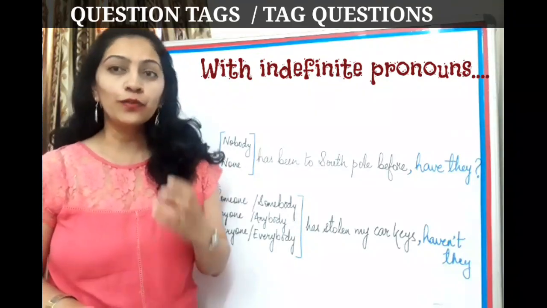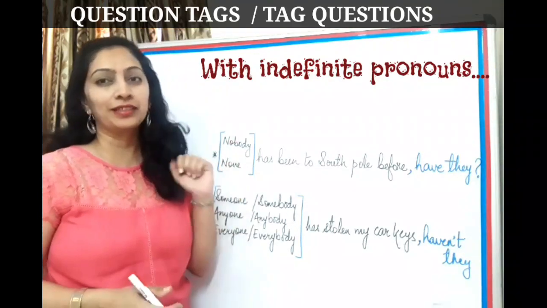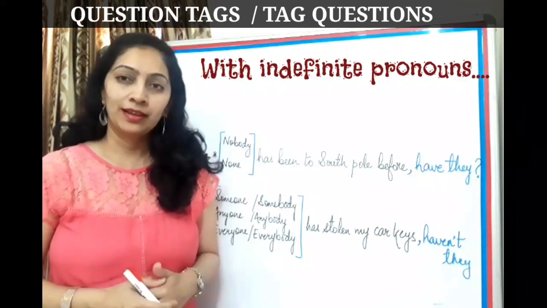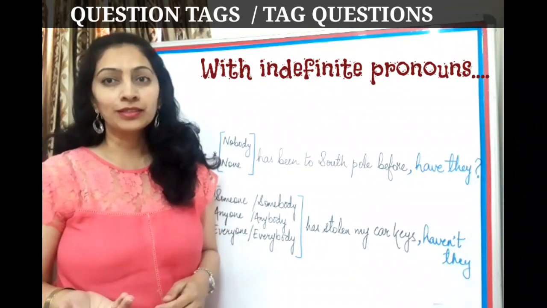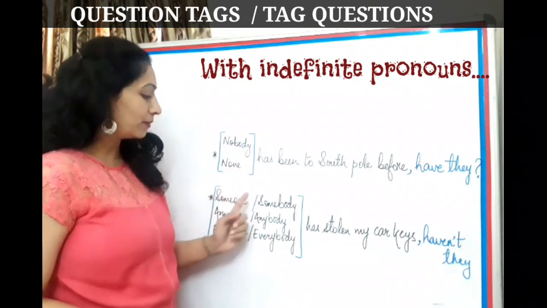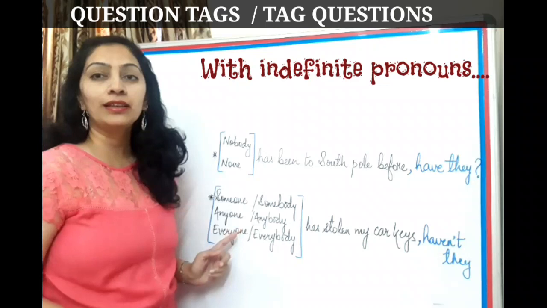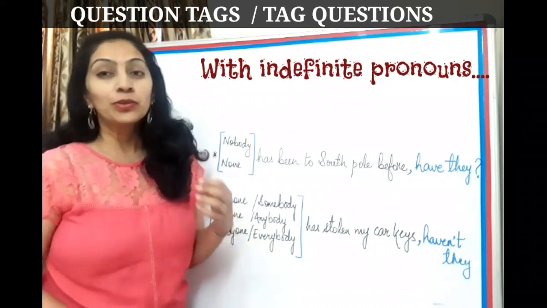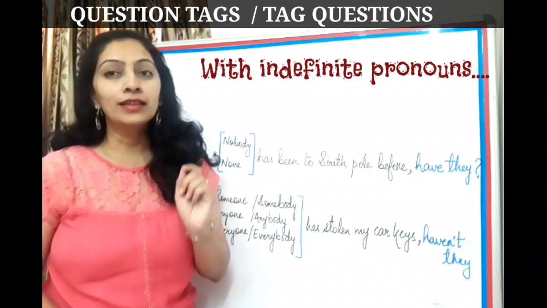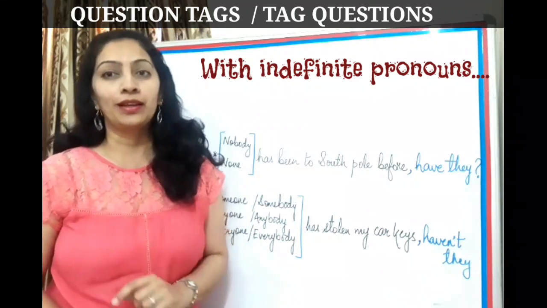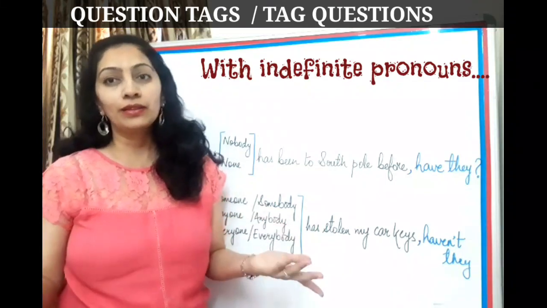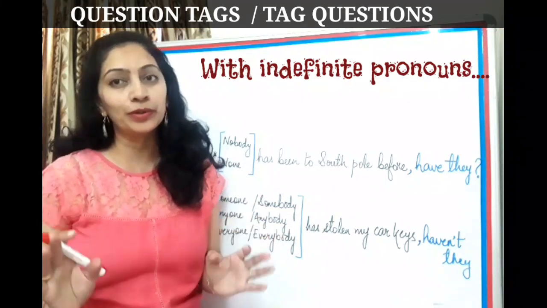Now, last of all the exceptions is this. When a statement uses indefinite pronoun. Now, what are indefinite pronouns? These are words like nobody, none, someone, somebody, anyone, anybody, everyone, everybody. So when you have these words, they are called as indefinite pronoun. And why indefinite? Because they can refer to anyone, anybody, not any specific person.